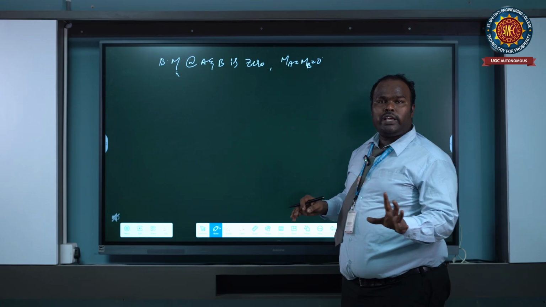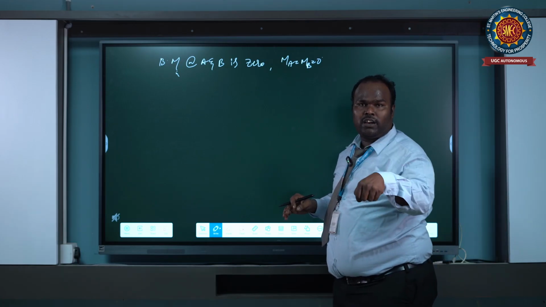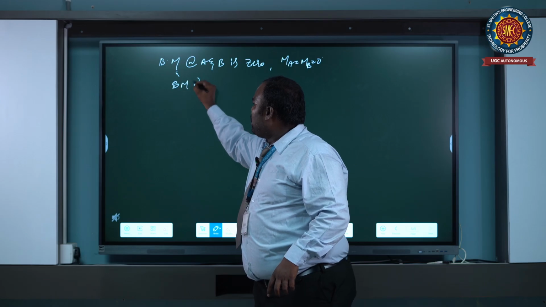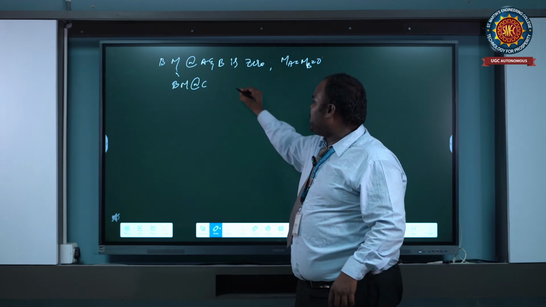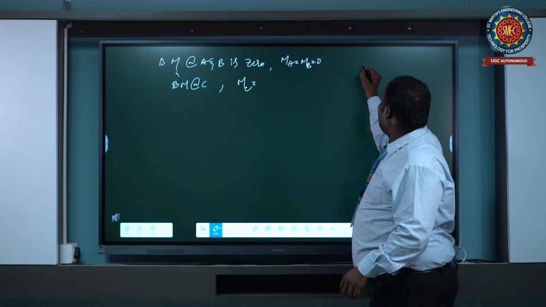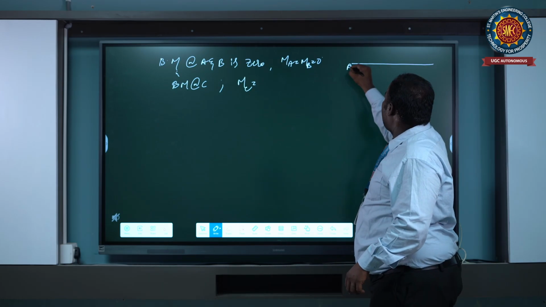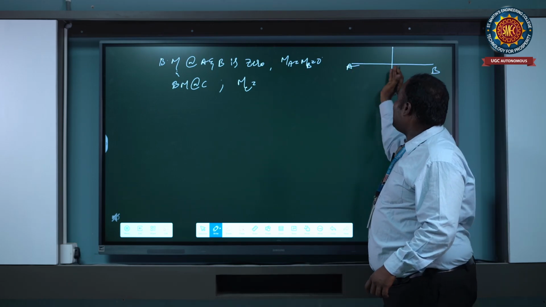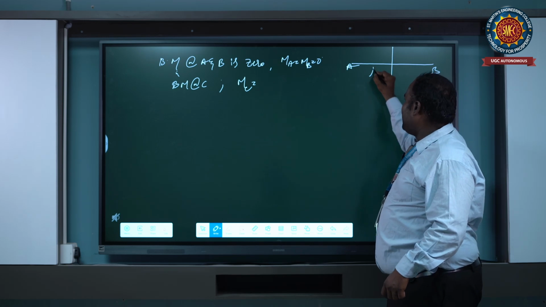Now the load is acting at the center of the beam, so the bending moment at the center, at point C, is MC equals, taking the left or right portion of the section.